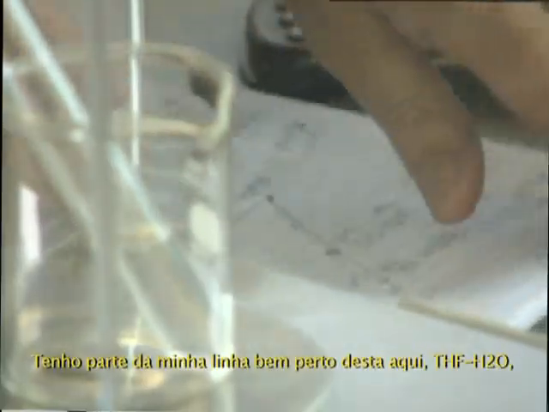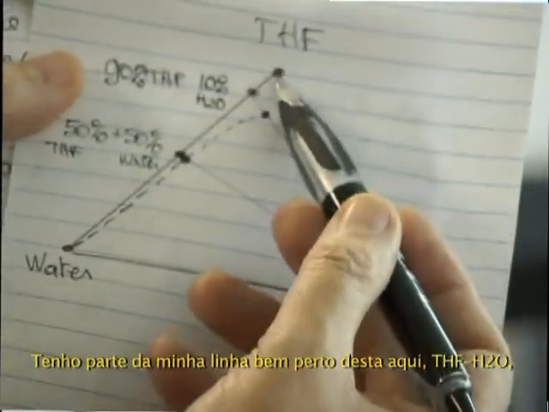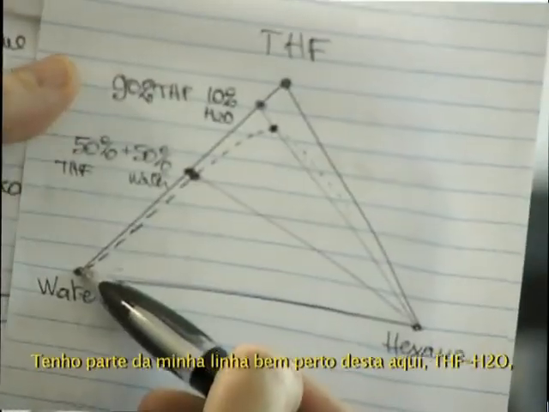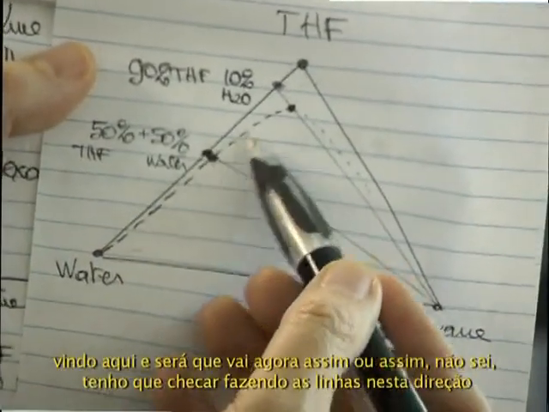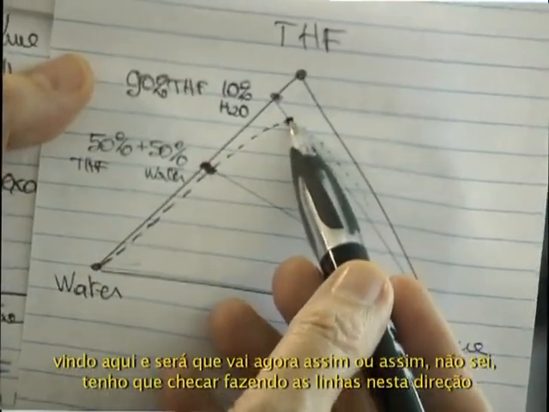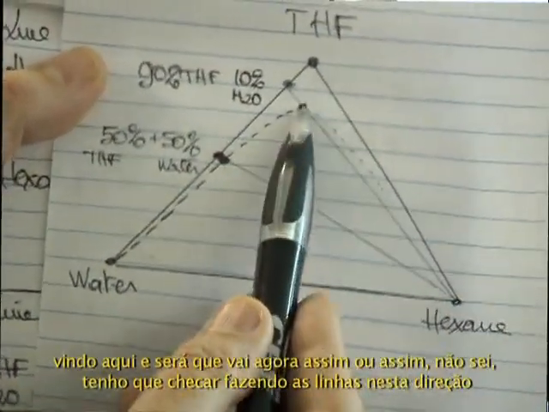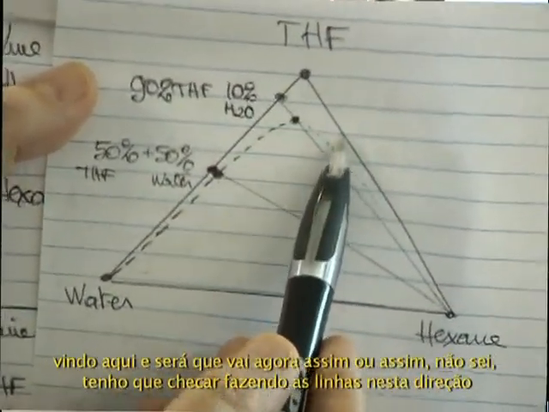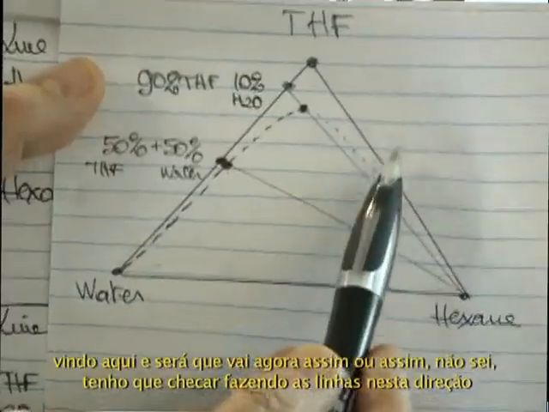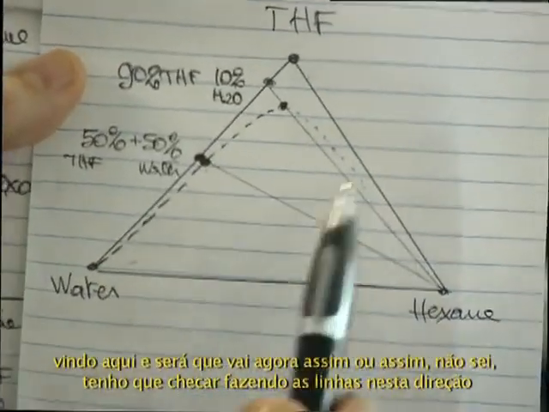I have part of my line very close to this baseline, THF water, going to around here. Is it this? Is it going this way? I don't know. I should check making a line in this direction.